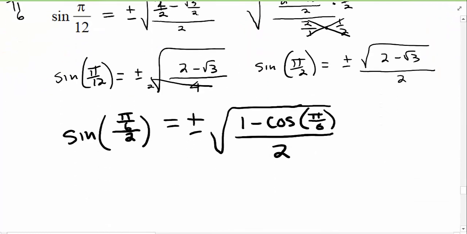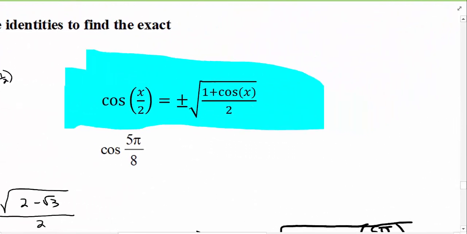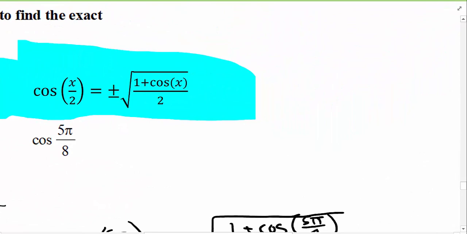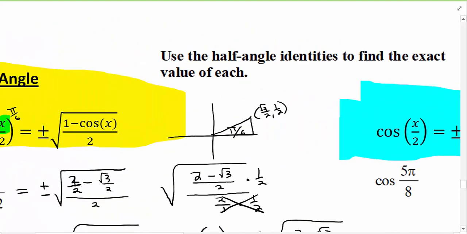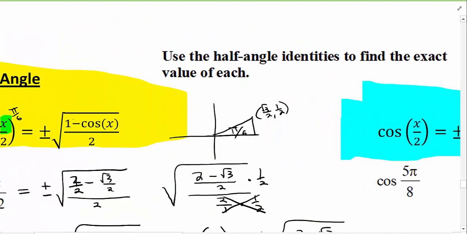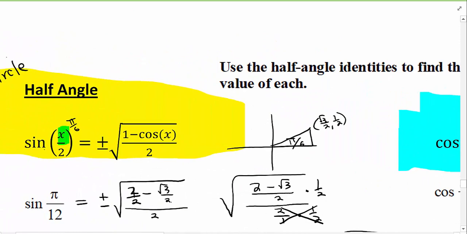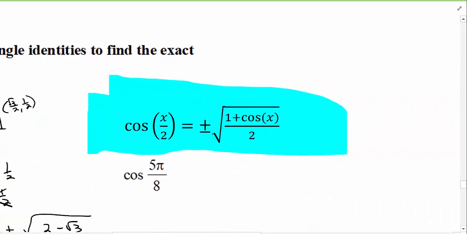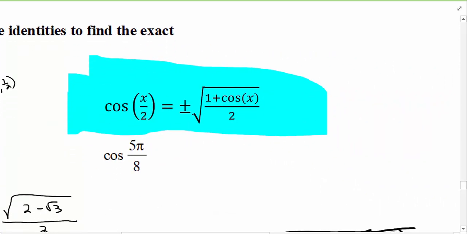All right, and let's see. Here we've got cosine. The only difference between those two is that the half angle identity for sine is the positive or negative square root of 1 subtract cosine x over 2, and this is 1 plus cosine x. So again, we're going to figure out what x is.